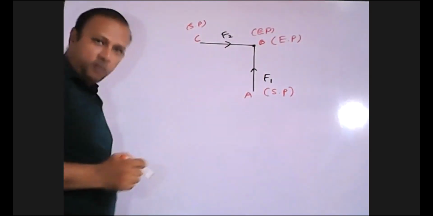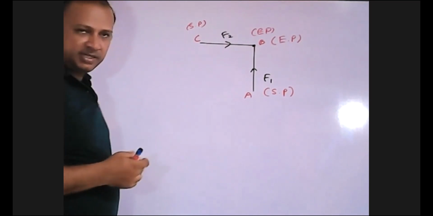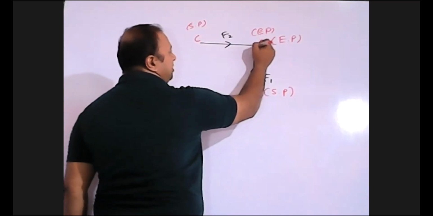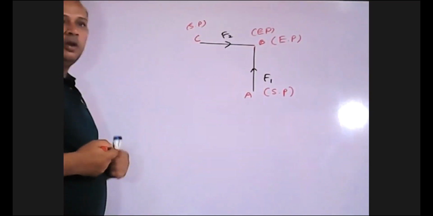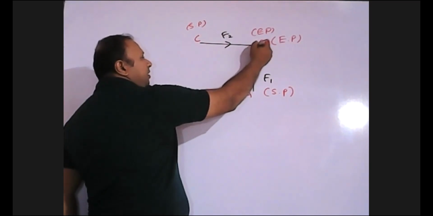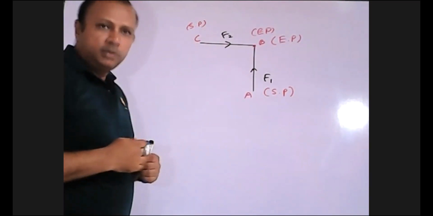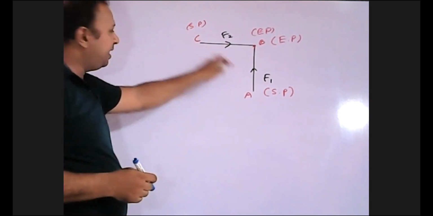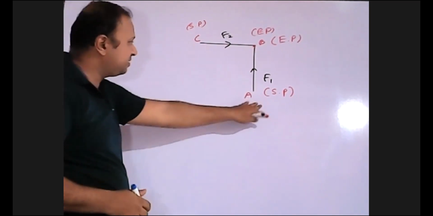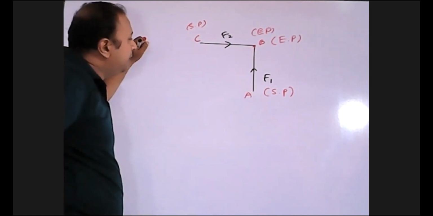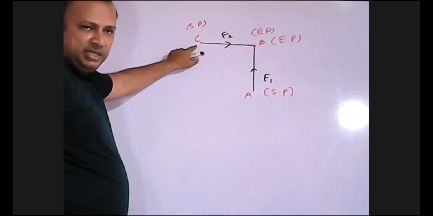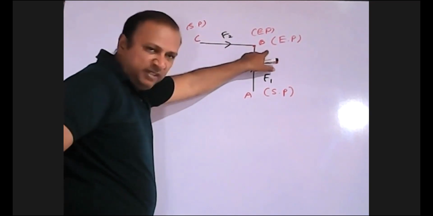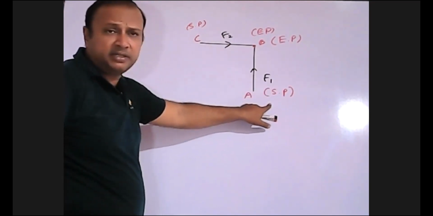If you want to add these two forces, suppose there is a little bit of separation. Suppose this is the first vector and this is the second vector. If you want to add these two, we have to coincide the end point of the first vector and the starting point of the second vector.